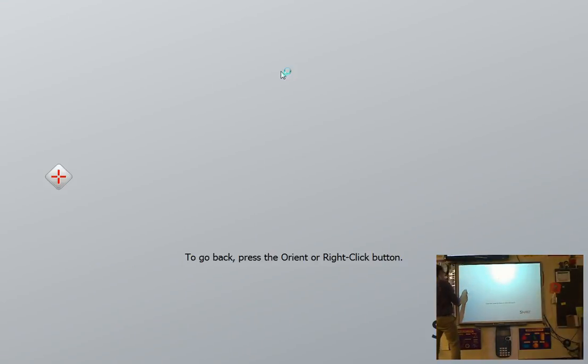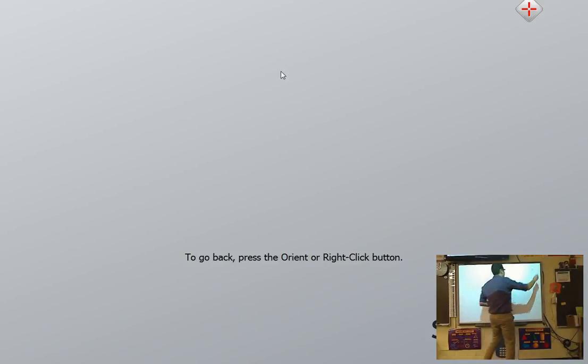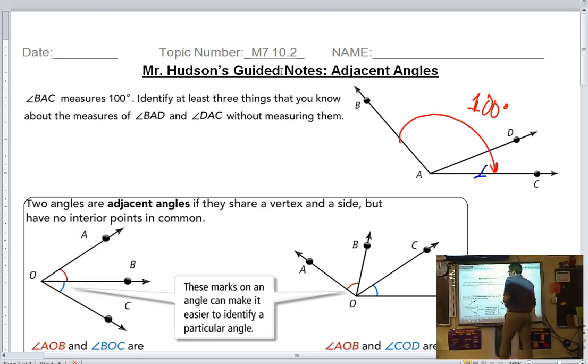So on your paper, you want to write that angle BAD and angle DAC add together to make 100. Let's try this again. Angle BAD plus angle DAC.